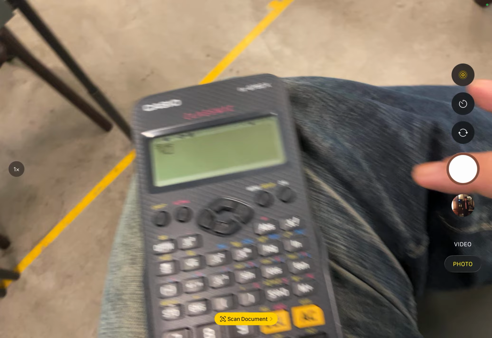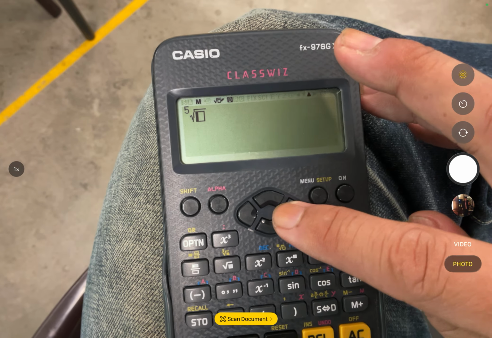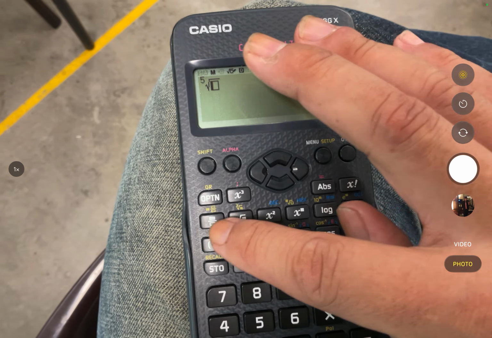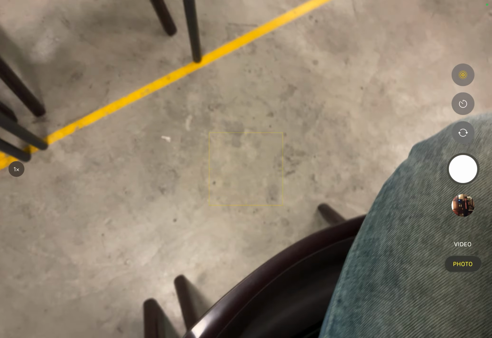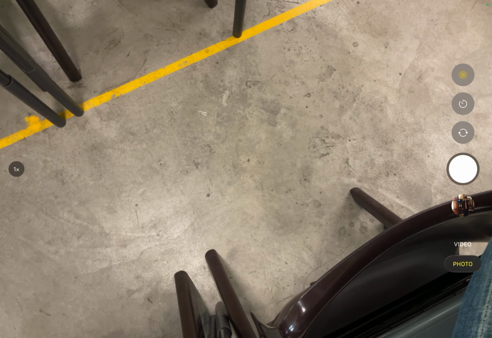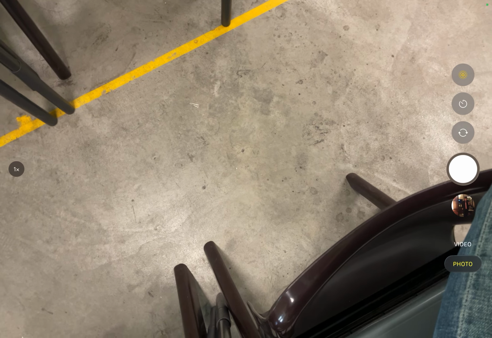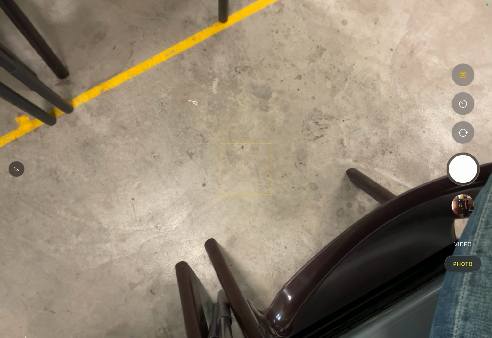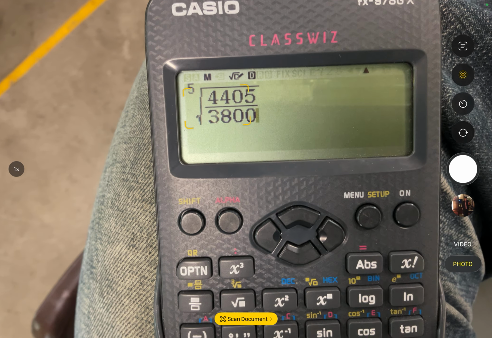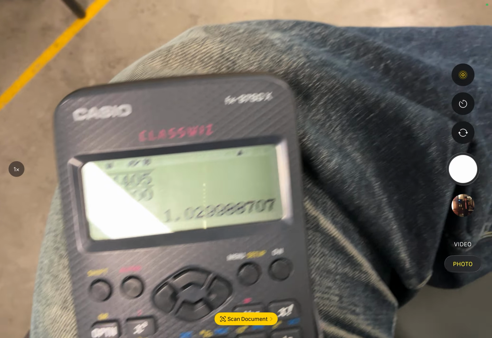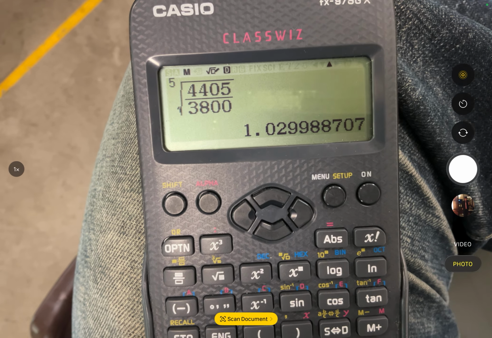Then in the inside box, I want a fraction. So I go to fraction: 4405 over 3800. Equals 1.029988707.